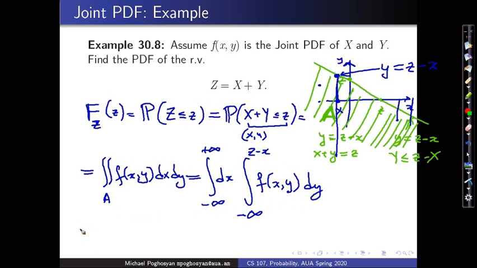Now what I'm doing, I'm calculating the derivative of this. So f of z at the point small z is the derivative of this at the point z. Assume that I can take the derivative inside that integral. Under some conditions on that small f, I will be able to do that.